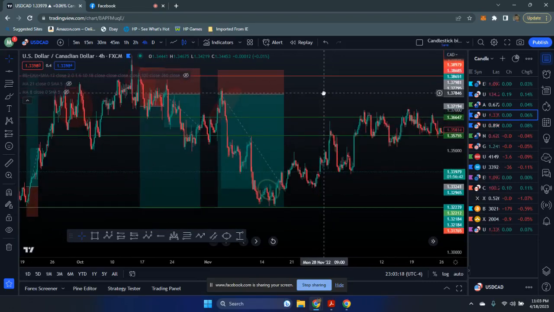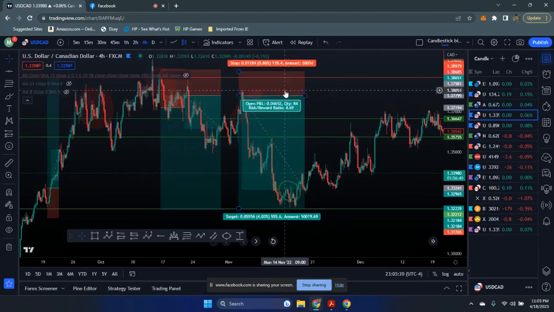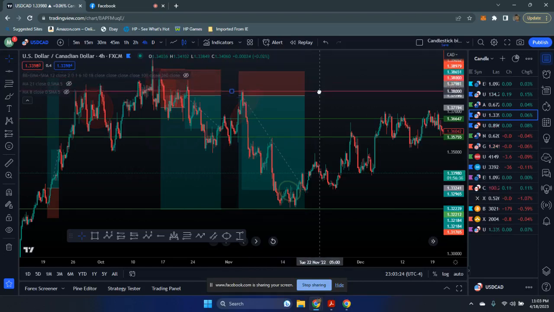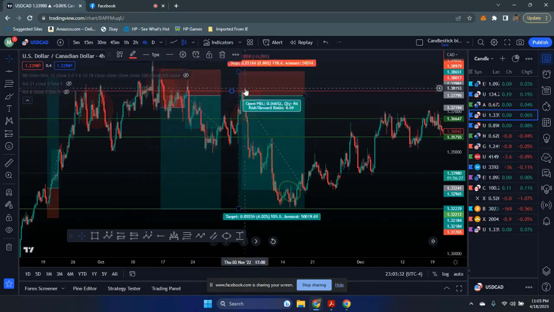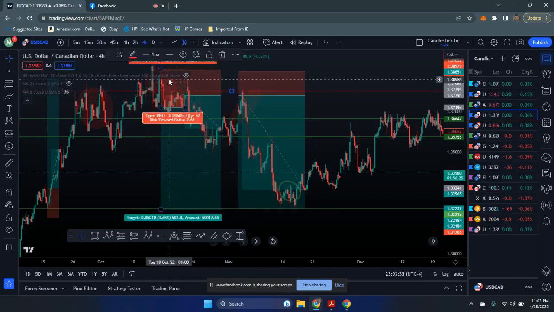So now looking at this USD CAD that I did have, it should have been right here, that supply area or the resistance area.